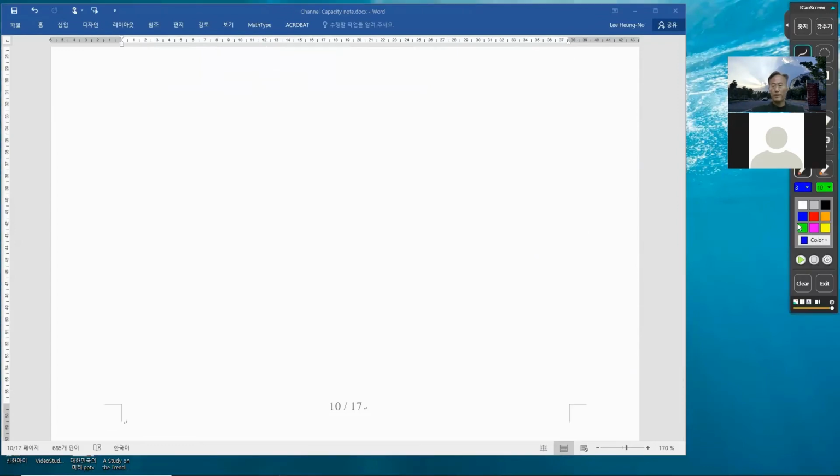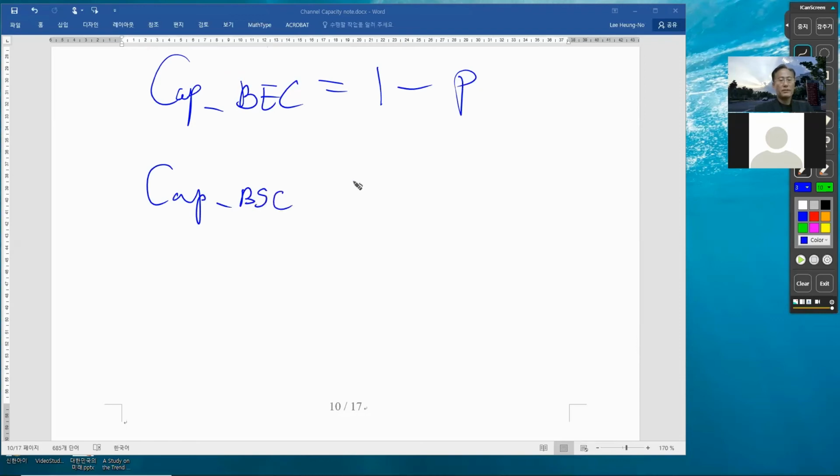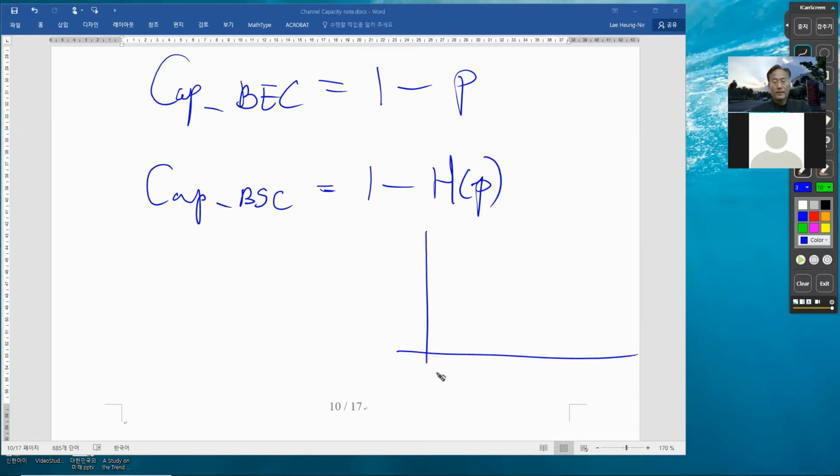When we compare with the binary erasure channel, the binary erasure channel capacity is 1 minus p, and the capacity of the binary symmetric channel is 1 minus H(p). The curve for H(p) looks like this.